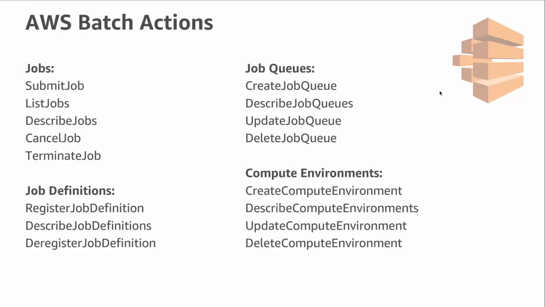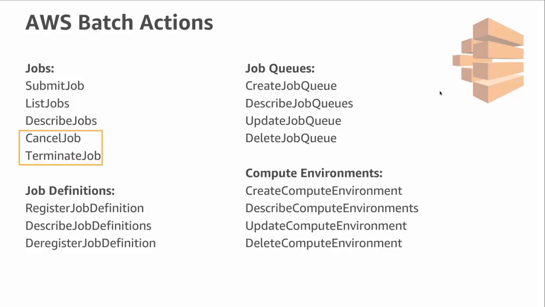And then with your compute environments themselves, Batch allows you to create a new compute environment, describe your existing compute environments, update your compute environments if you want to update parameters, or delete compute environments if you're finished with a particular set of resources within a compute environment.